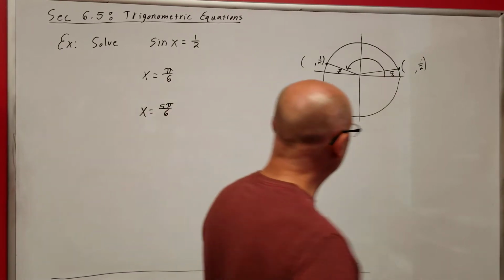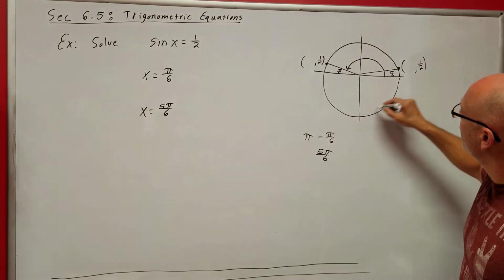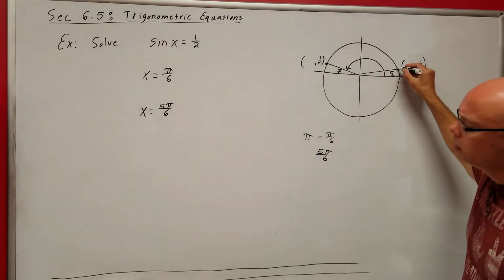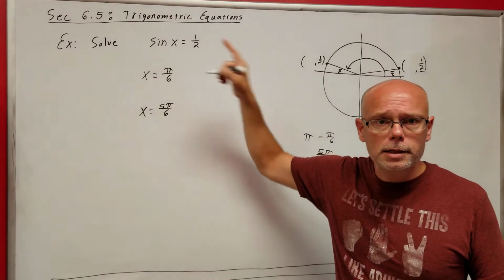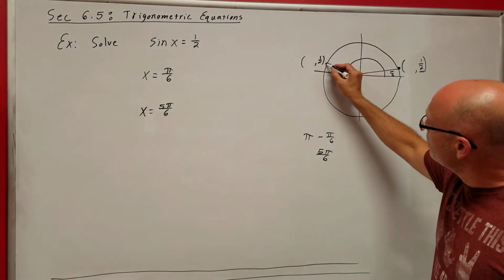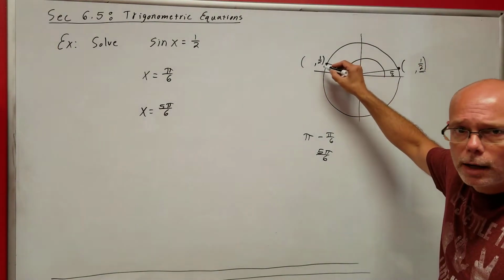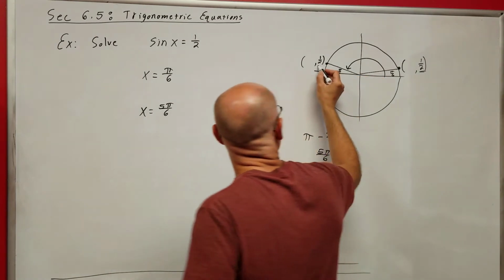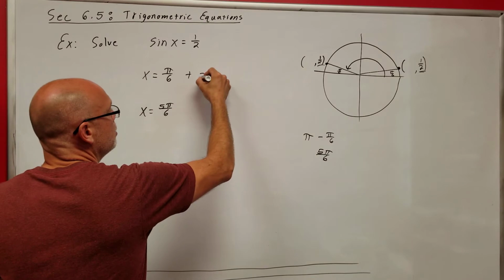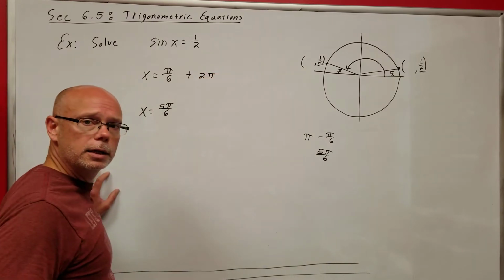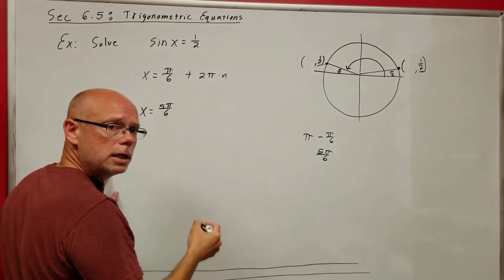Now, somebody might be thinking, what if I start at pi over 6 and I go around 2 pi more radians? Well, I'm back again at a sine that is 1/2. Same thing here. What if I start here? I have a sine that's 1/2, but if I go all the way around 2 pi more, I'm back where I have a sine value of 1/2. So I need to consider every time I rotate around 2 pi radians, so times n.